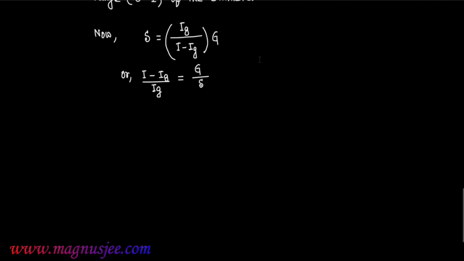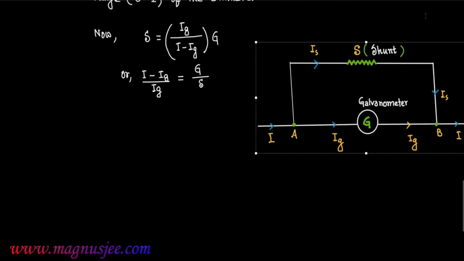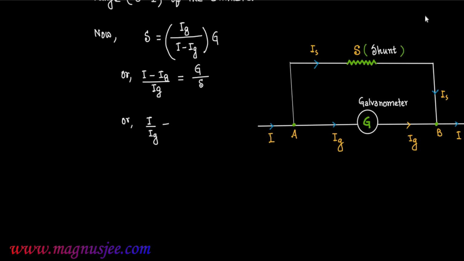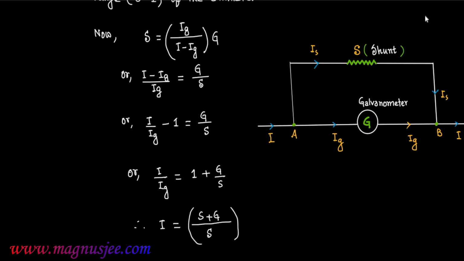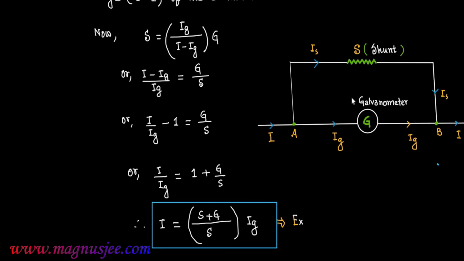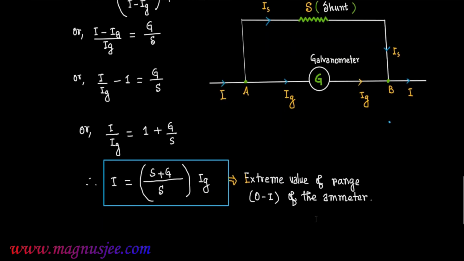Or, (I minus Ig) divided by Ig is equal to G by S. Or, I by Ig minus 1 equals G by S. Or, I by Ig equals 1 plus G by S, and I is equal to (S plus G) divided by S into Ig, which is the extreme value of range, under bracket 0 to I, of the ammeter. That means I is the range of an ammeter.